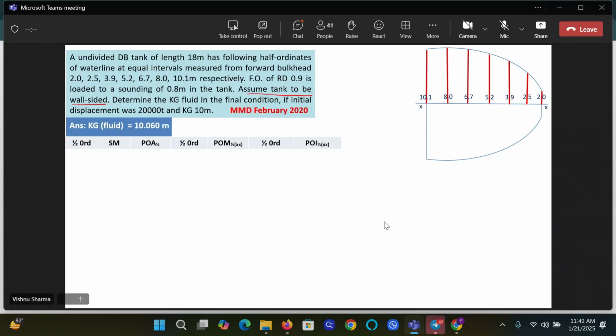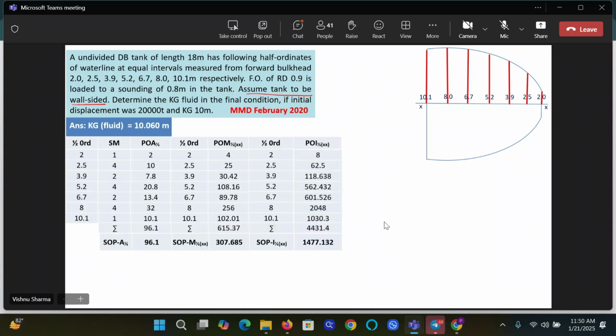Okay, very good. Sir, the summation is 96.1. No, I need the SOP, beta. The SOP of moment has come as 307.685 and the other 1477.13. Okay, we'll see now. Are these the SOPs, beta?